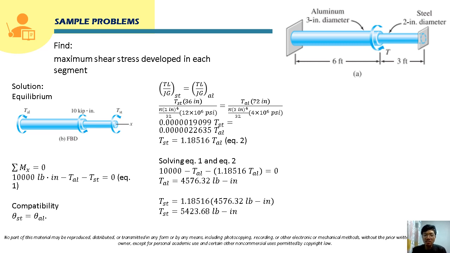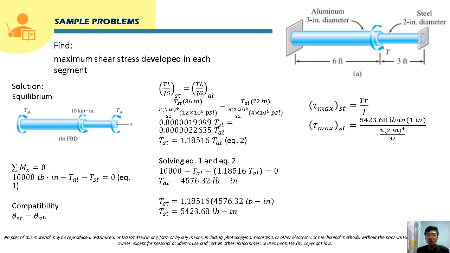So from here, class, since we already solved for the torque, we can now solve for the shear stress. So we are going to use this formula: shear stress equal to TR over J, wherein T here is the internal torque, R is the radius, and J is the polar moment of inertia. So for the steel, the internal torque is 5,423.68 pound-inch.